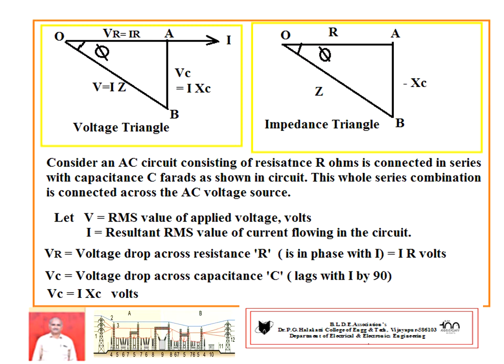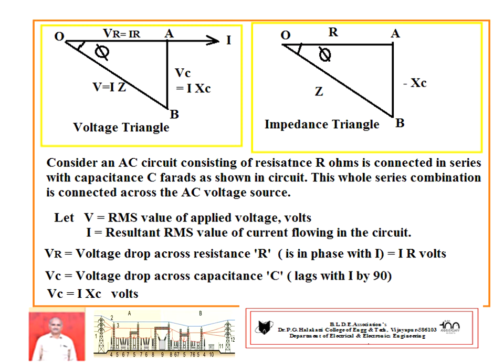So, you have to construct a voltage triangle. OA is the resistive drop, VR, and taking current as reference, Vc lags. So, AB is drawn at 90 degrees to the current.